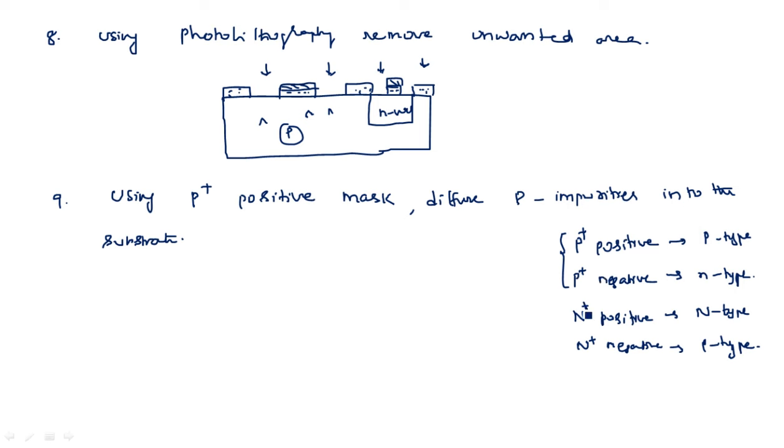Again, if you are creating an N-type region using the N plus positive mask, then use the N plus negative mask for the P-type diffusion. This is another set. So use the P plus positive mask as the first set for the creation of P-type impurities, and the P plus negative mask for the creation of N-type impurities. Either of these you can use.